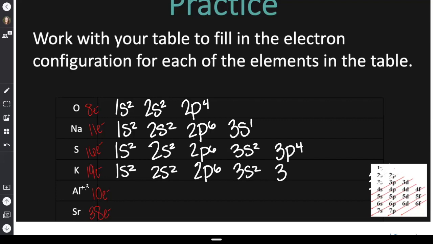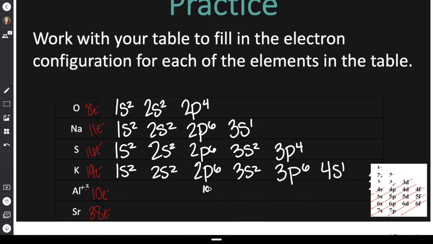And then I have 3p6. Go ahead and tally up what we have so far. This was 10, 12, 18. We only need 1 more. What comes after 3p? Look at my arrows over here. What is after 3p? 4s. And I only need 1, so 4s1.